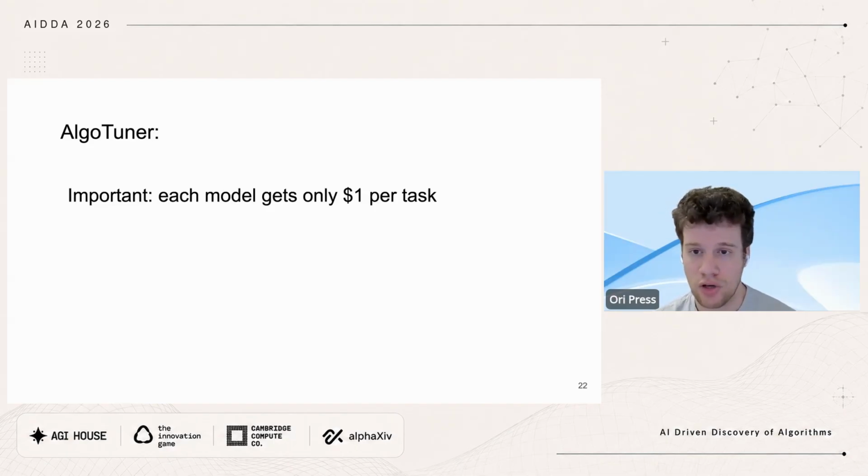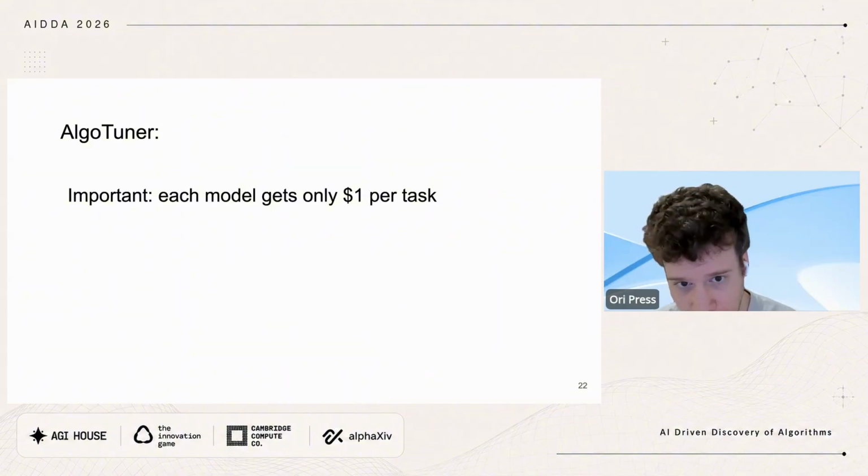I think this is also a cool way to show the utility of cheaper models, because otherwise the most expensive model usually wins in benchmarks. But if you have a cheap model that's also pretty smart, then it has a fighting chance to get a good ranking in AlgoTune, which I think is pretty cool.